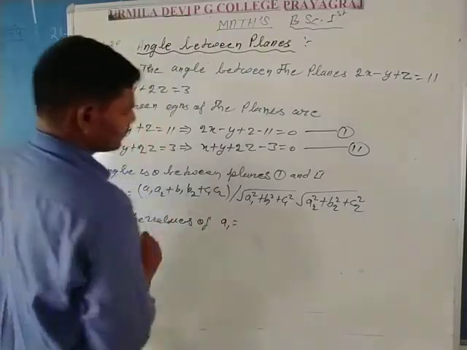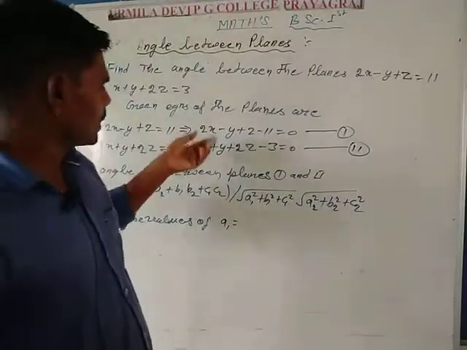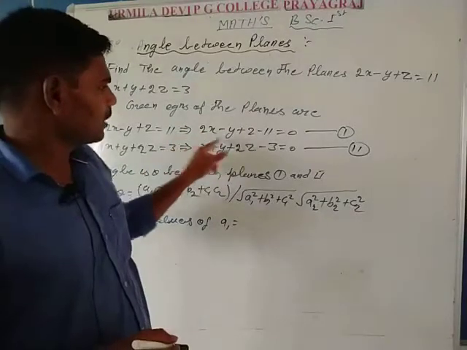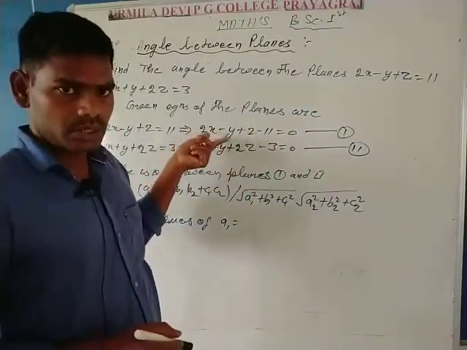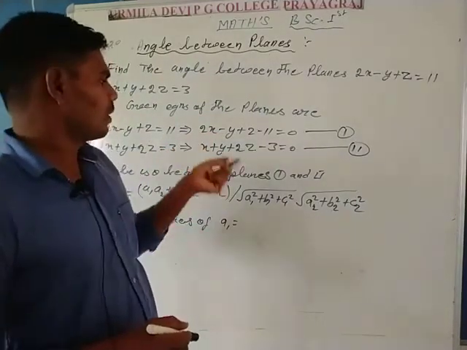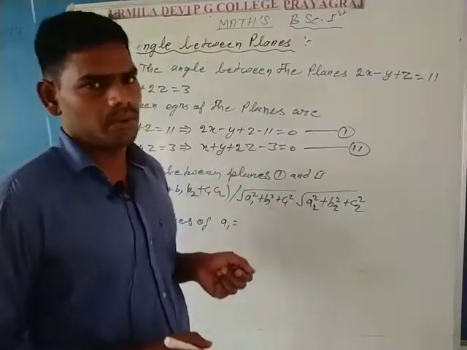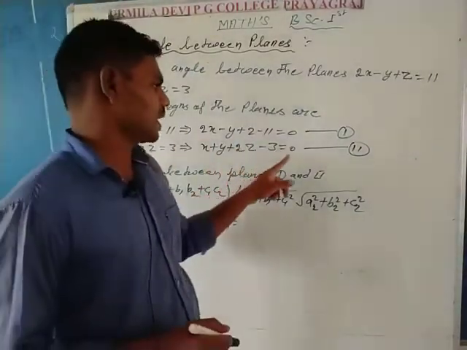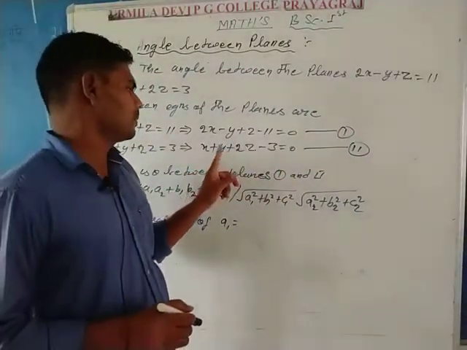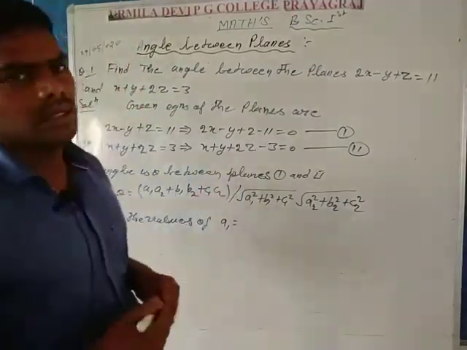Therefore, putting the values, here I want to revise once again what a1, b1, c1, a2, b2, c2 are. In the first plane equation, the coefficient of x is a1, coefficient of y is b1, coefficient of z is c1, and in the second plane equation, the coefficient of x is a2, coefficient of y is b2, coefficient of z is c2.